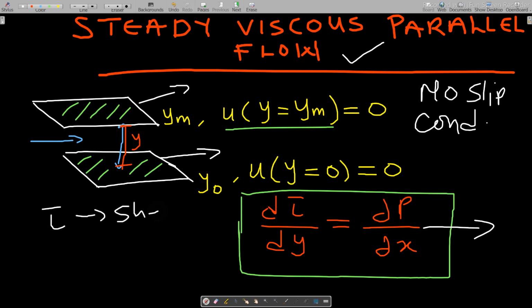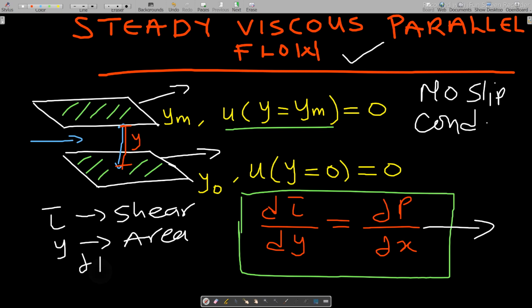Shear stress, and the y is the dimension where we are moving in. So you can see that this flow is just between the y axis, only moving up and down. So it's just a one-dimensional flow. That means that this is the area that we are moving with respect to.